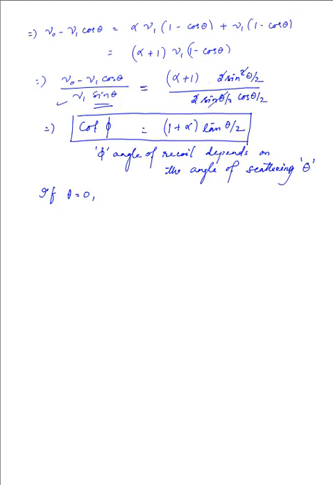In that case, this factor over here will be equal to tangent of 0. Now tangent of 0 is simply sine 0 over cosine 0, which means it is going to be 0.